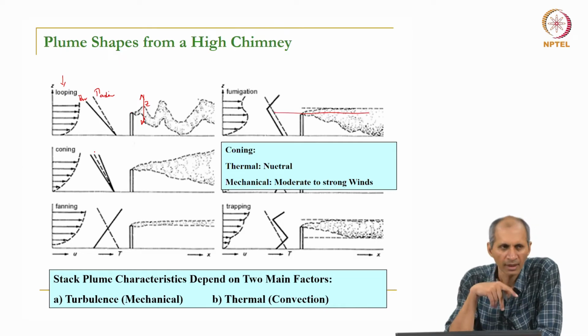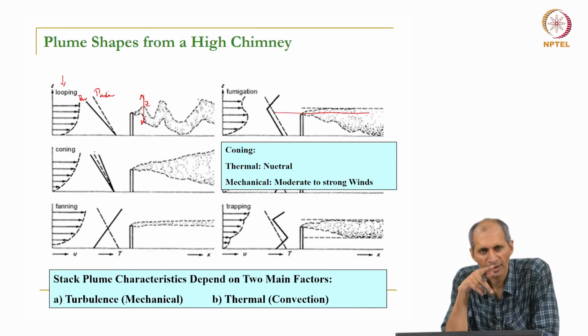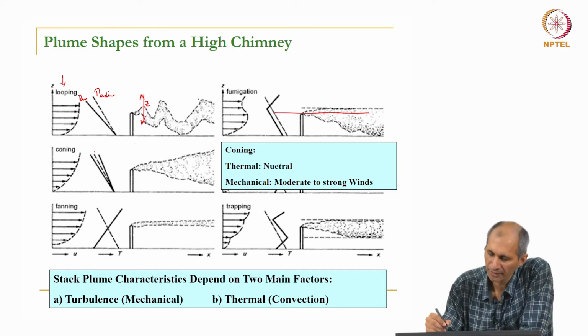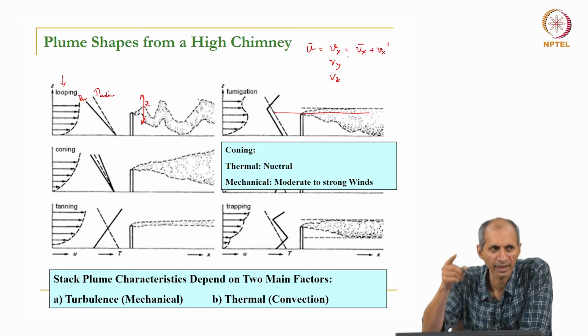The turbulence of the wind results in large eddies. When you have turbulence, you have a Vx component, a Vy component and a Vz component. You have a mean Vx plus a fluctuation in all three directions.